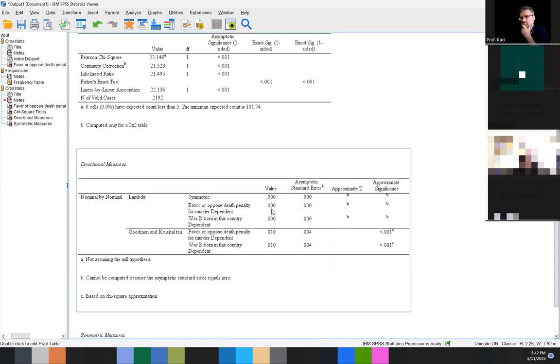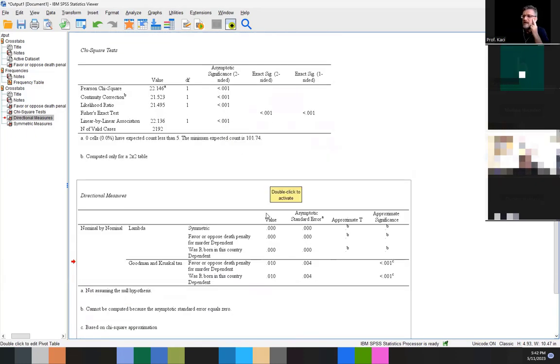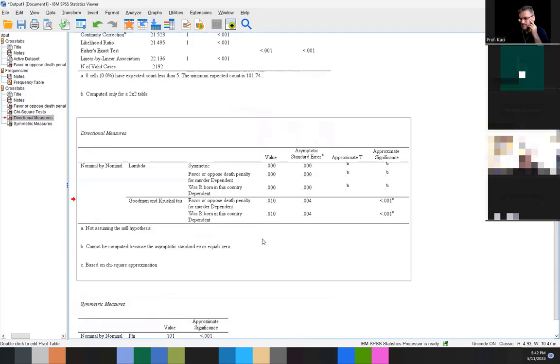Lambda actually, it's kind of strange. Whether the relationship is statistically significant does not really mean that lambda is going to be greater than 0. It does not tell us that knowing whether the person was born in this country is going to improve our guessing that that person favors or opposes death penalty.